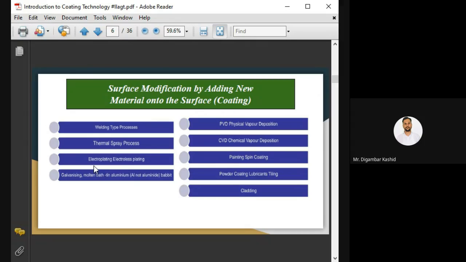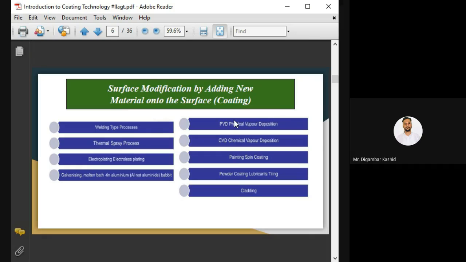We should not go into detail on the welding type process, electroplating or galvanizing, as that is not part of our syllabus, but for introduction purposes we should know that galvanizing, as one of the metallic platings, and all of these are techniques for surface coating. Now, out of these four, the first four, the thermal spray process is what we are going to talk about in detail.